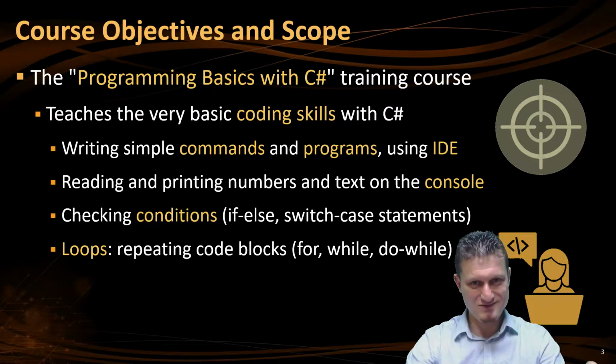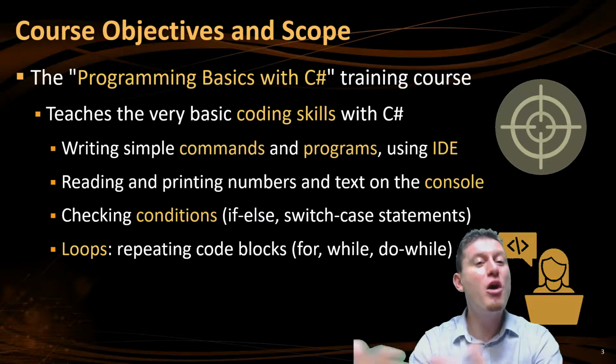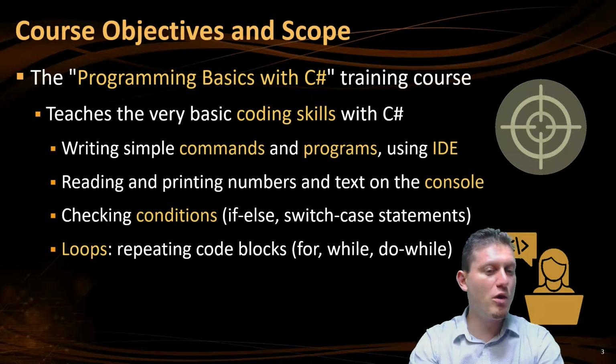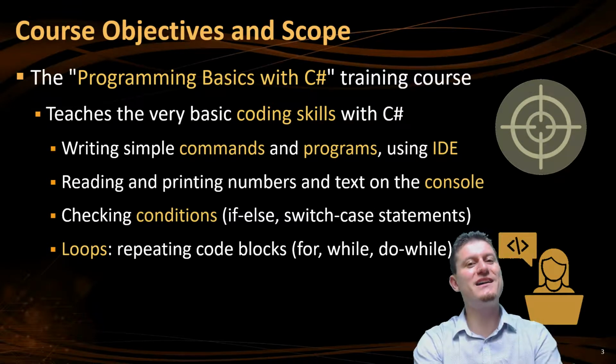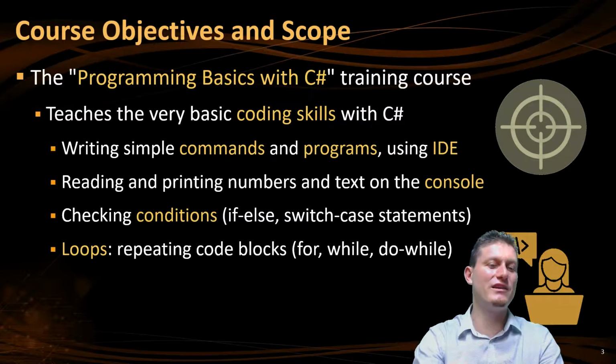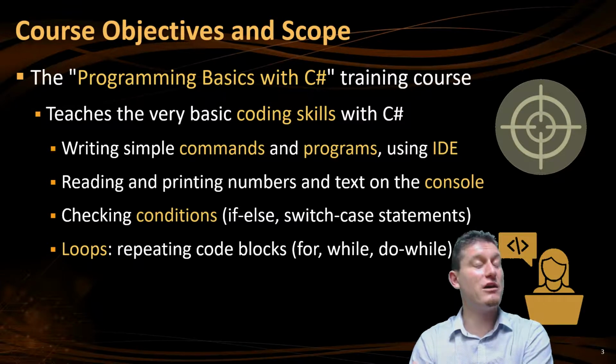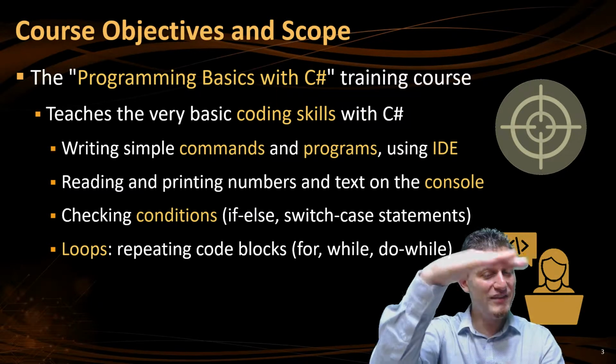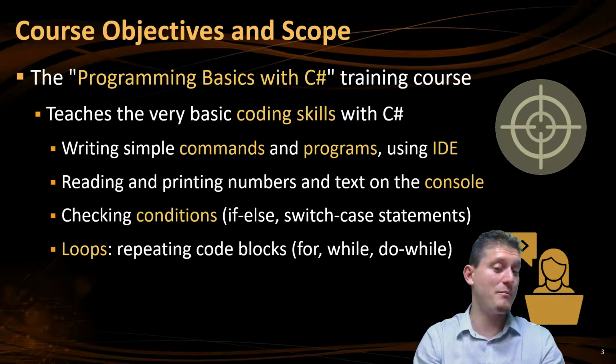So loops are the next major concept in coding. They allow repeating blocks of code. For example, we can make a for loop and repeat a piece of code for a number from 1 to 1000 times, for example, print the number.